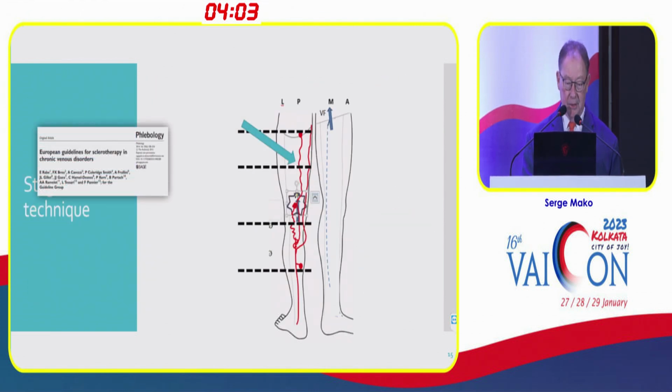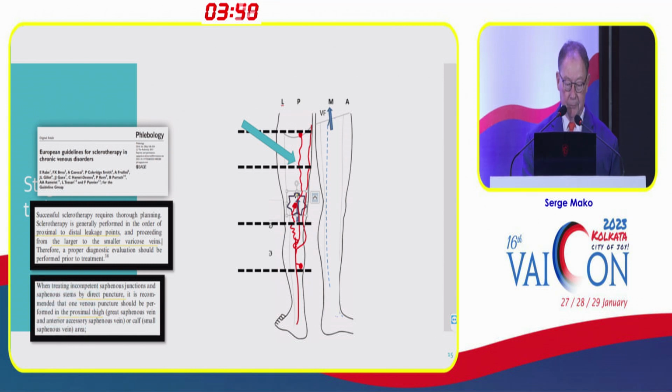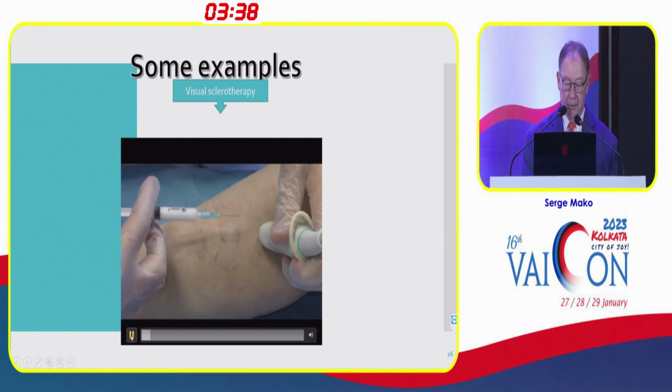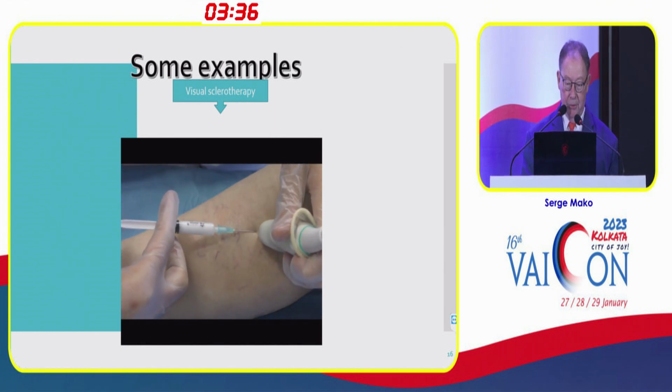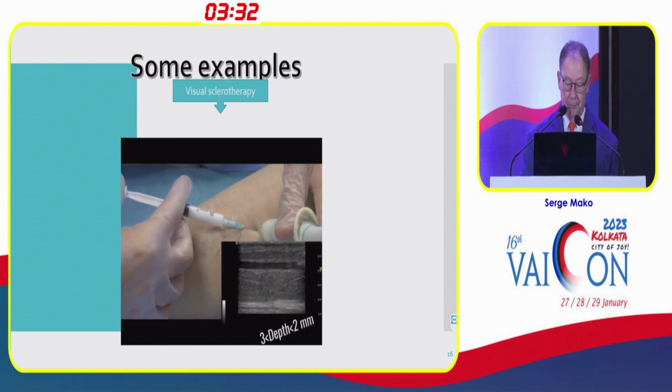Now, you can see the European guidelines for sclerotherapy: same, from the biggest to the smallest, on the top and the bottom. Now some examples. You can see here a visual sclerotherapy without Doppler.